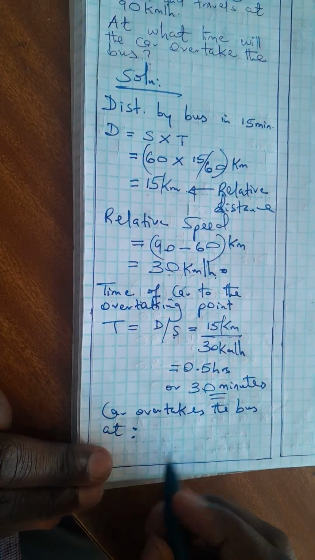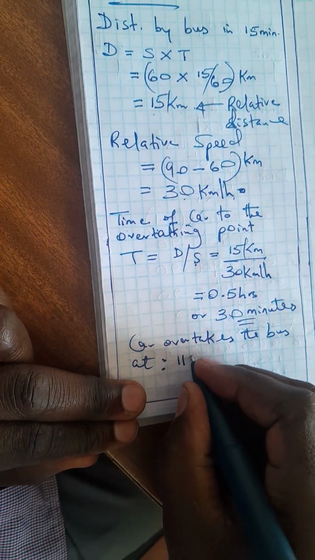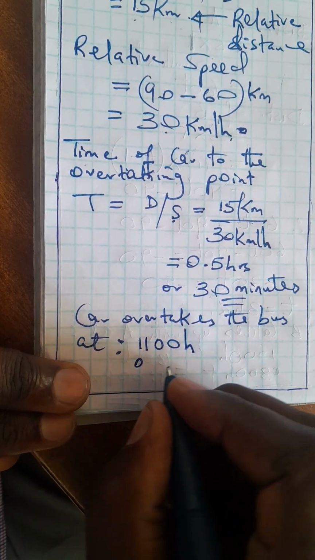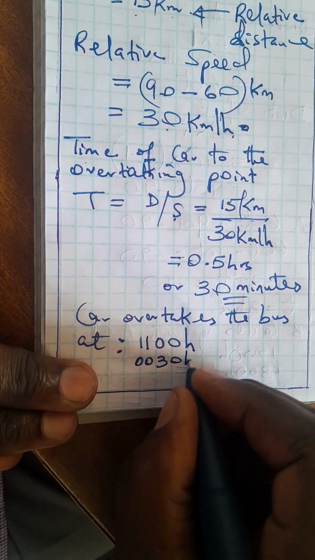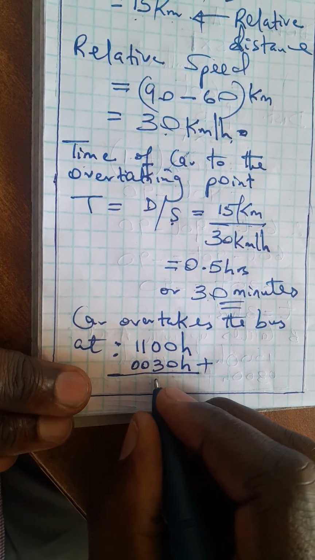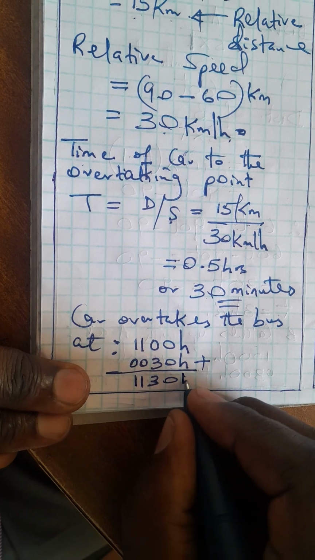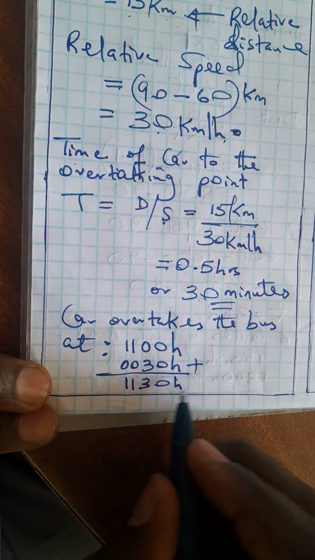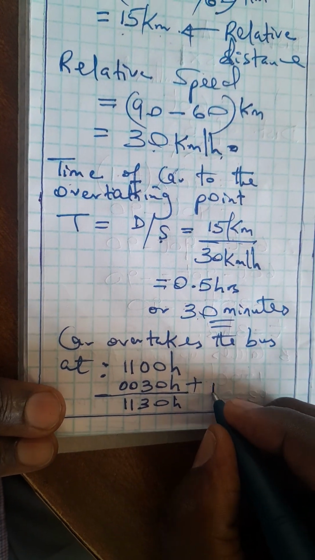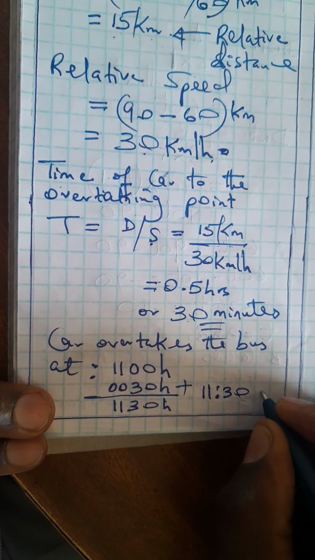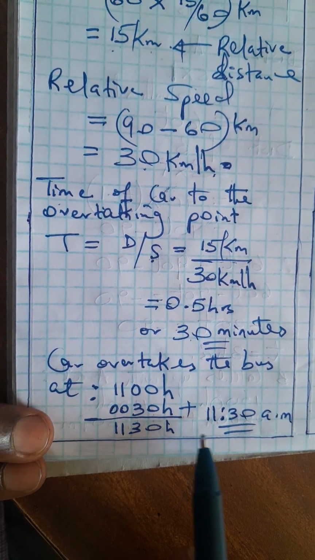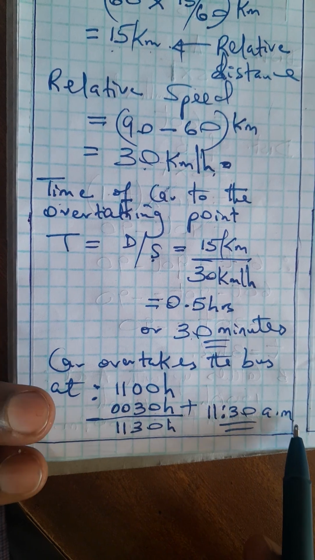So you take 11, the departure time, and add the time taken, 30 minutes. This gives 11:30. It is still less than 12, meaning it is in AM. So the car overtakes the bus at 11:30 AM.